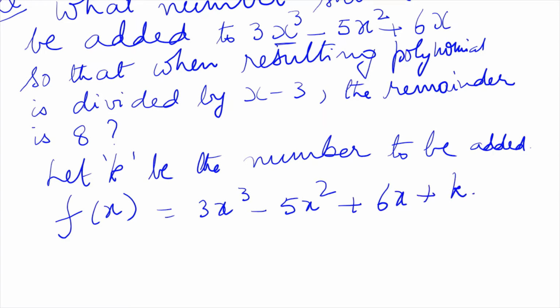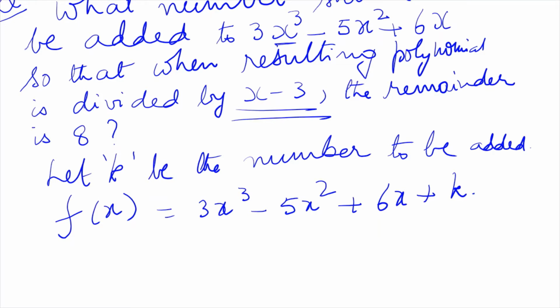Now, if x minus 3 is a factor, then as per factor theorem, f of 3 will be 0.